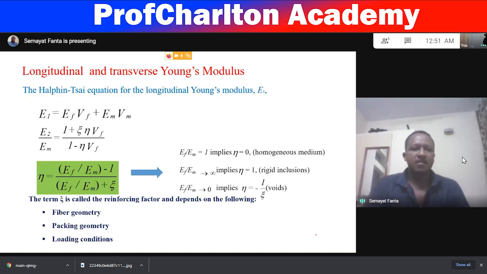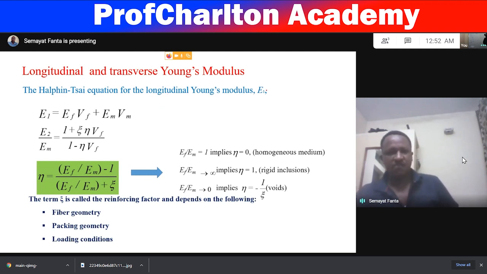So these are formulas for longitudinal and transverse Young's modulus. We have some additional parameters here. The Halpin-Tsai equation for the longitudinal Young's modulus is given in this manner. This is for longitudinal and this is for transverse.